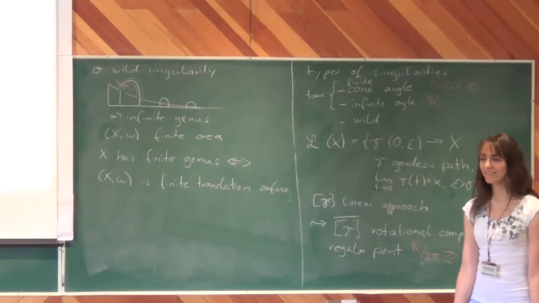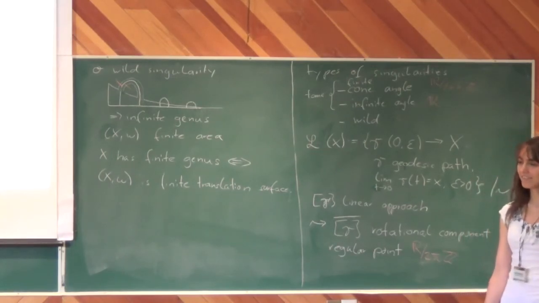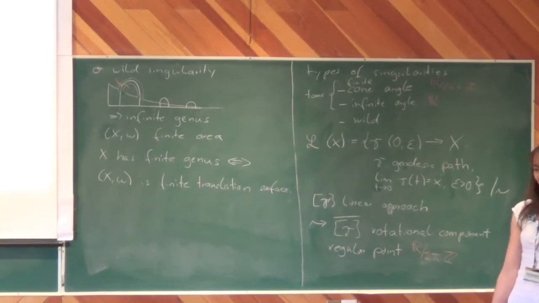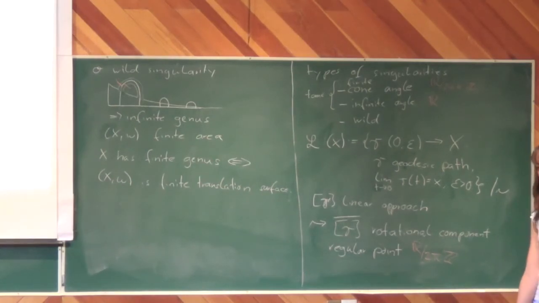Well, I had a question. There's a dictionary of the analytic counterpart. One thing that we were discussing with Samuel and Manson at some point is that for cone angle singularities, the counterpart are zeros of differentials.